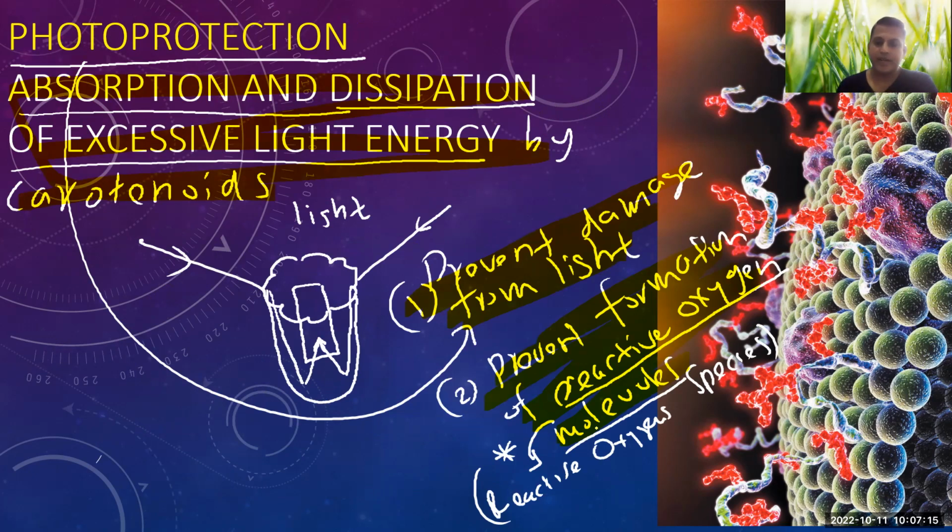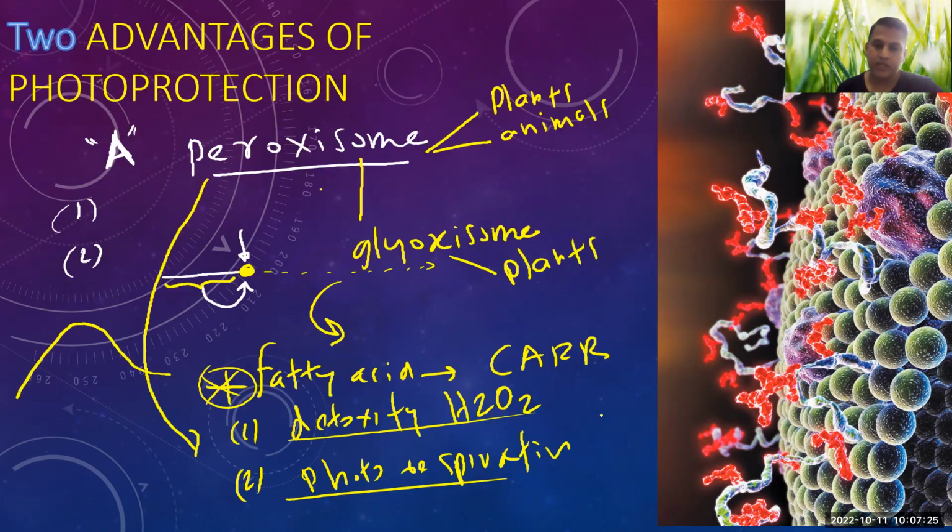We don't learn reactive oxygen molecules in the syllabus, but we just use the words reactive oxygen molecules. And here we learn detoxification of hydrogen peroxide. These kinds of things you need to remember well.